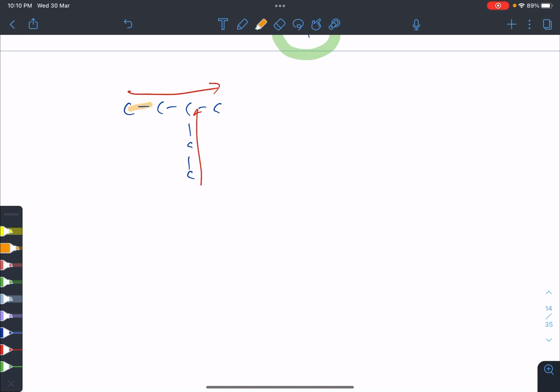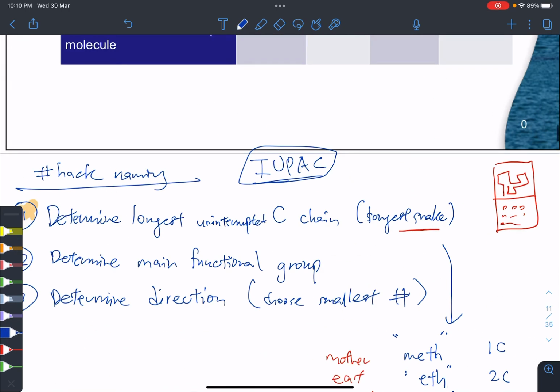And in that case, the longest chain is 5 carbons, which I'll call pentane. Like a snake, you don't care about the straightest, you look for the longest uninterrupted carbon. That's the idea there.